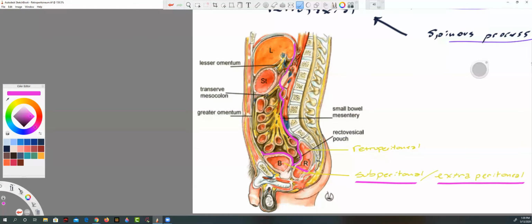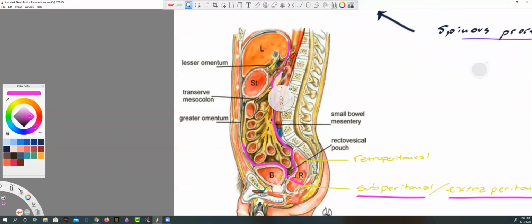I think I've even said the bladder is retroperitoneal. The kidneys and ureters are retroperitoneal. The bladder technically isn't retro because it's simply not behind. But anatomically speaking, it is still kind of the same thing. It's not behind it, just below it. Just a little bit of difference there.